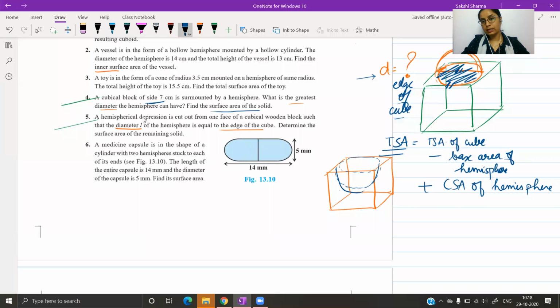So this is inside the cube now. And the diameter is equal to the edge. So the base of the hemisphere will touch the edges. Draw accordingly, but it will not touch the other end because the radius will be halfway for the cube.